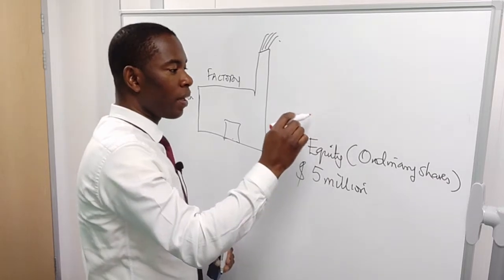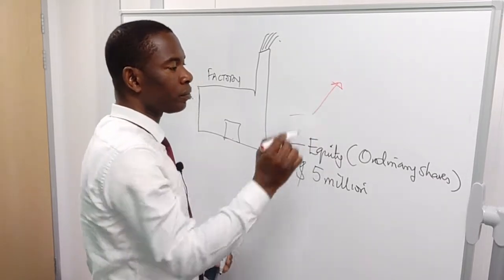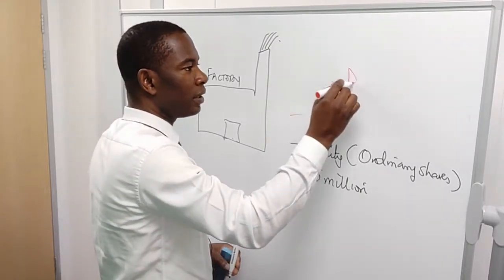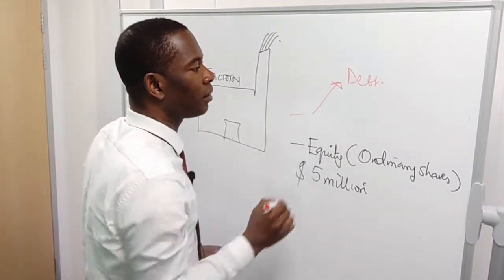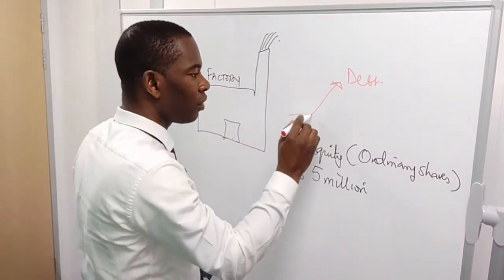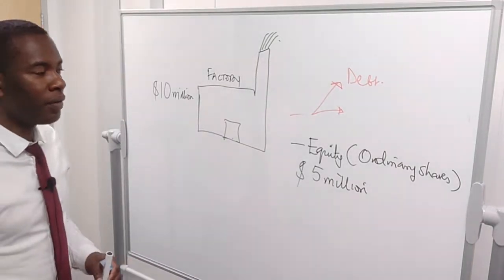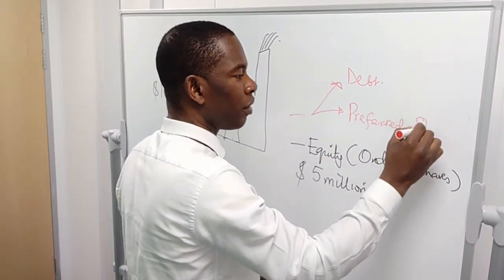They then go for one, debt, and then two, they can have preferred stocks.